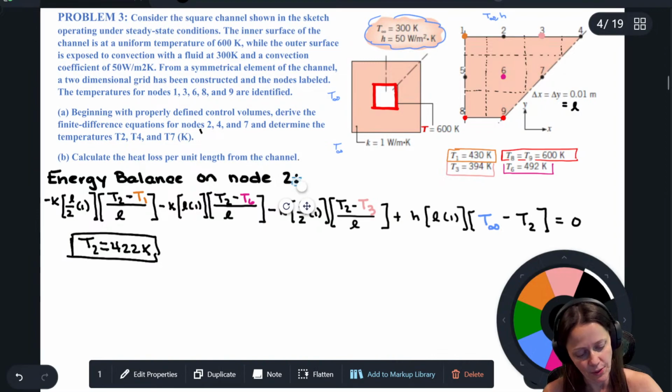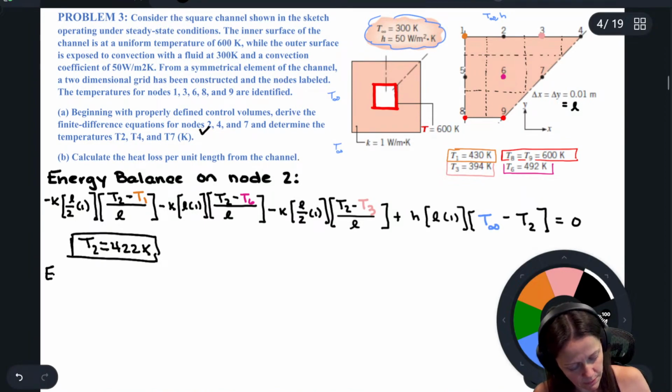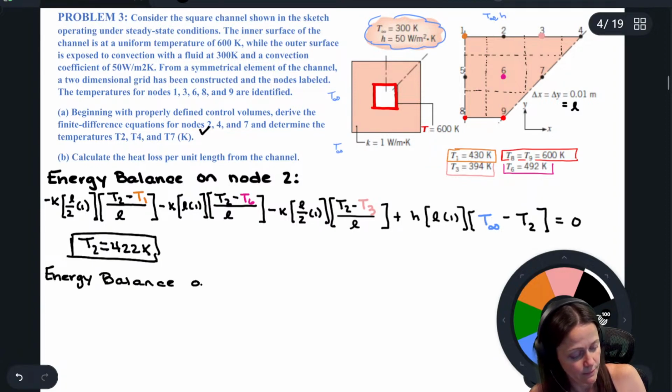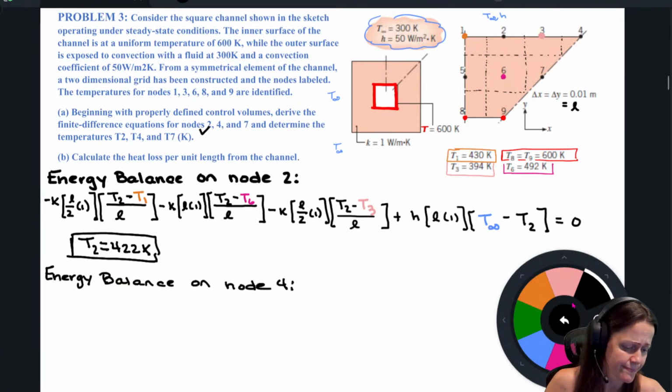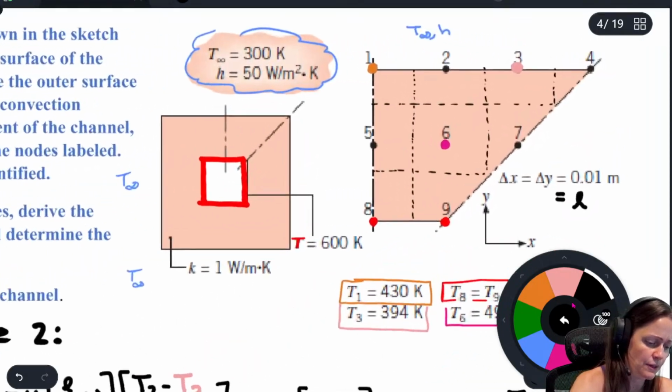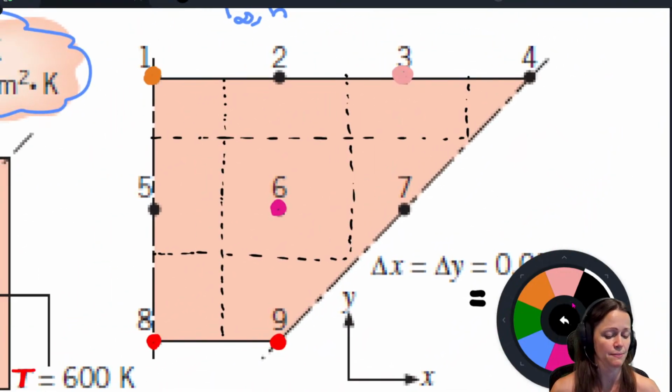All right, so I got number 2. Now I need to go to number 4, so an energy balance on number 4. Let's go look at 4, because if you notice, it's got this diagonal, and that seems problematic.